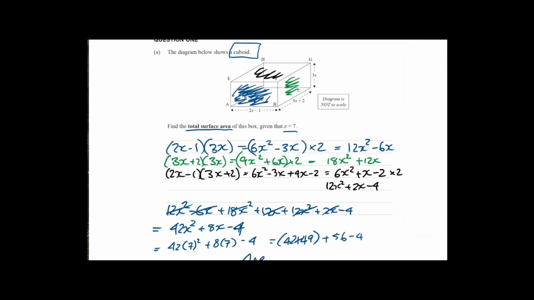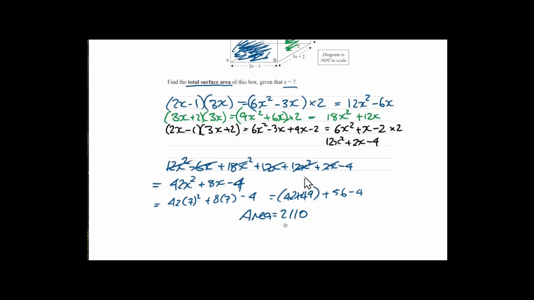So the area is 2110. It doesn't give us units, so it's going to be units squared because it's area.